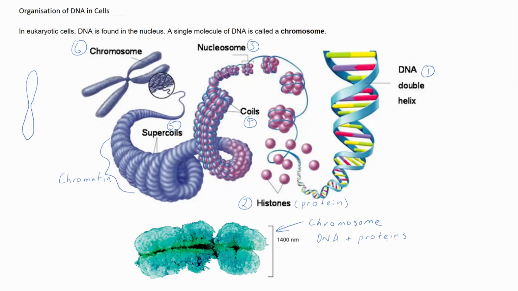What you're looking at here is actually duplicated DNA right before the cell is going to divide. So in fact you have two molecules of DNA here, number 1 and number 2. And they're joined together in a spot called a centromere.